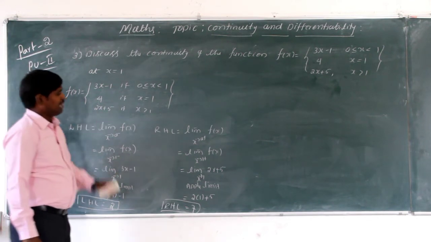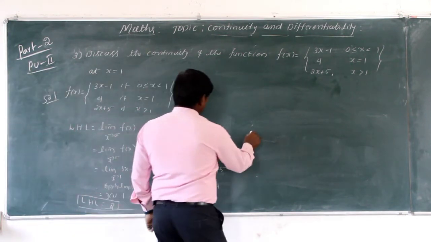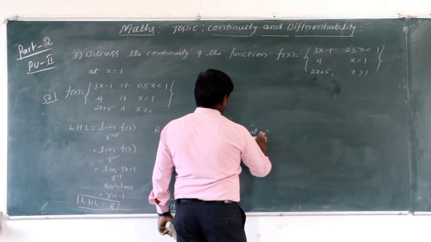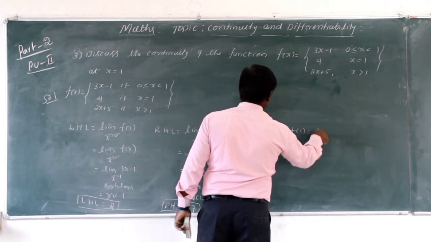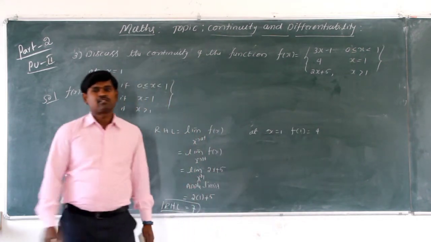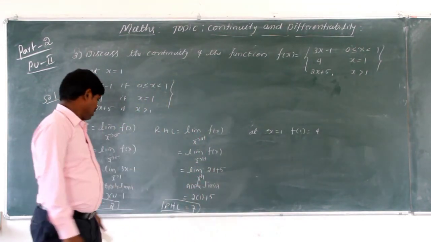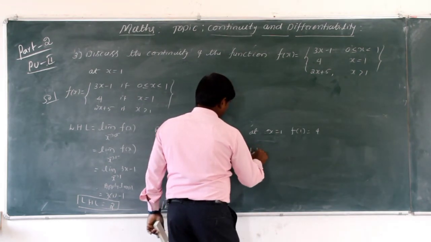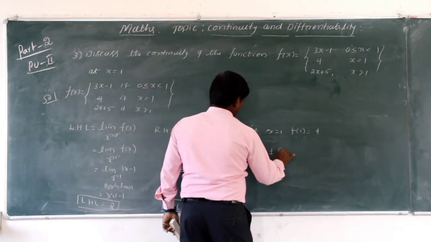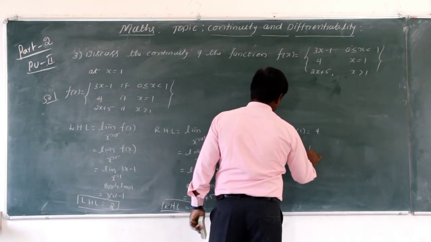Also it is given that x is equal to 1, so f of 1 is equal to 4. The value of the function is also different. So we come to the conclusion that the left hand limit is not equal to the right hand limit, which is not equal to f of 1.